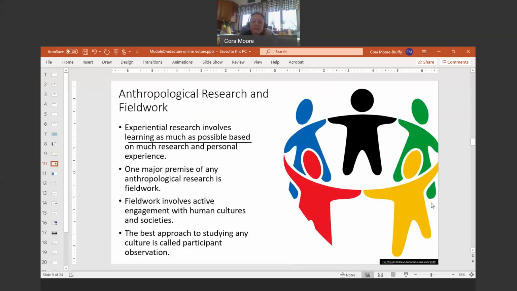So basically, experiential thinking is experiencing what we are researching. So, it's learning as much as you can and then trying to have some personal experiences with that.